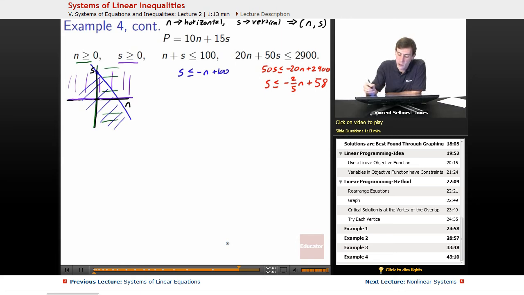And S is less than or equal to negative 2/5 N plus 58, so it's going to start at a y-intercept height of 58, but it goes much less steeply down at negative 2/5. So it goes like that, and it also will allow for the part below it. So the total set of things that's allowed is this highlighted part in yellow.